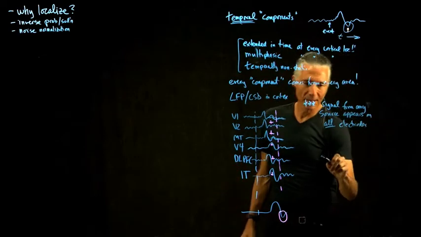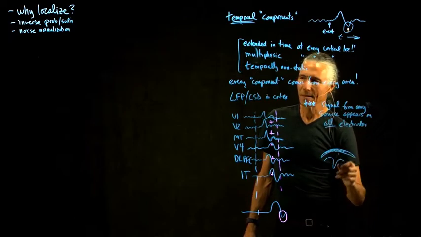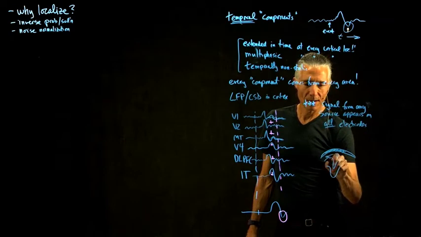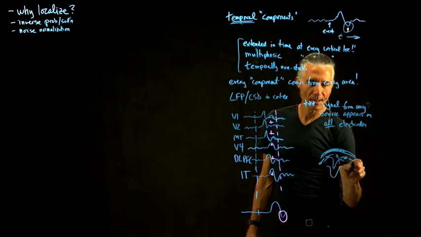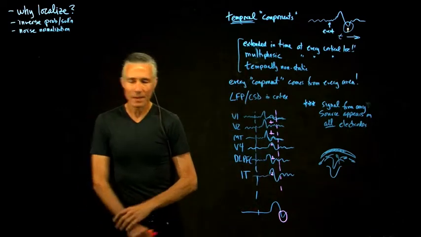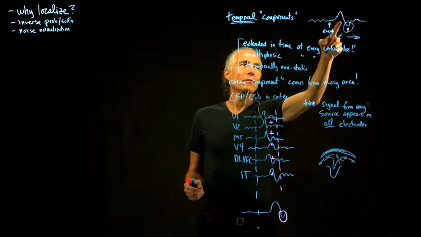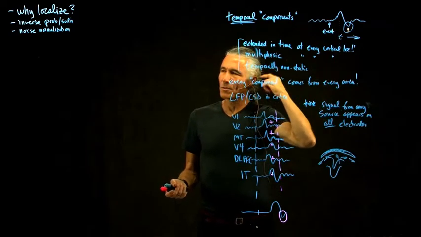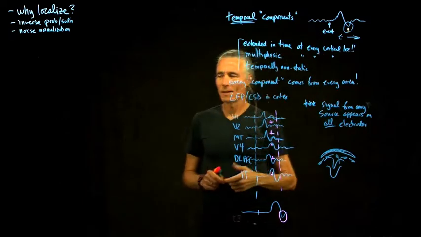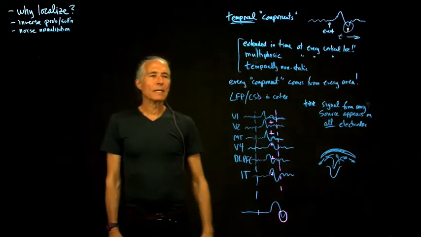And that's mainly because you've got this very high resistance skull, and so if there's a signal coming out of here, the current is going to tend to flow along a long distance that way. And so the end result is that essentially a single electrode sees every cortical area. So even if I go to a temporal electrode and say I'm doing temporal things, that temporal electrode is going to see stuff in the frontal cortex, which is going to add in to it.